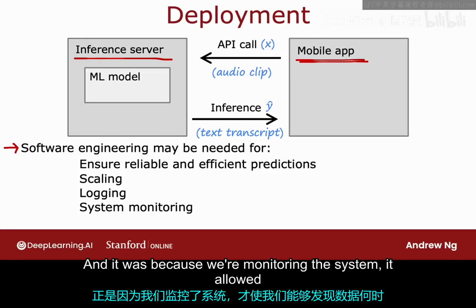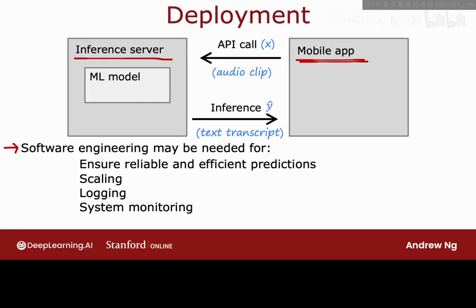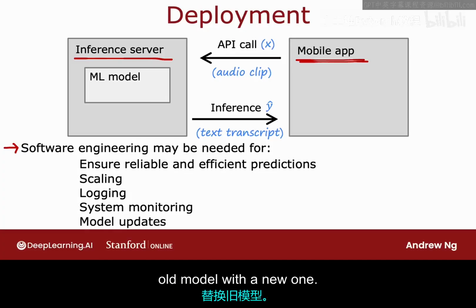Because we were monitoring the system, it allowed us to figure out when the data was shifting and the algorithm was becoming less accurate. And this allowed us to retrain the model and then carry out a model update to replace the old model with a new one.